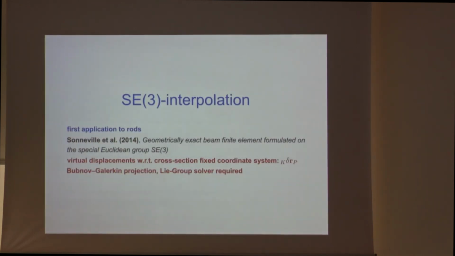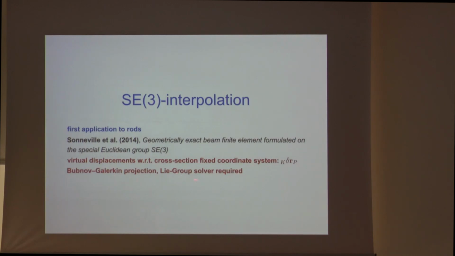So the SE3 interpolation from the special Euclidean group was introduced by Sonville for the geometrically exact beam finite element formulation. And in contrast to what we have come up with, a slight difference is that the virtual displacement is in the body-fixed, the cross-section-fixed frame in their framework, which is natural in that SE3 formulation, and they have a Bubnov-Galerkin projection.